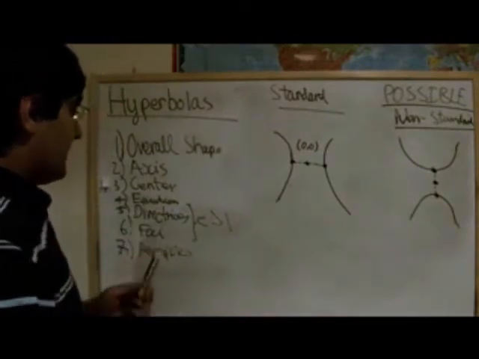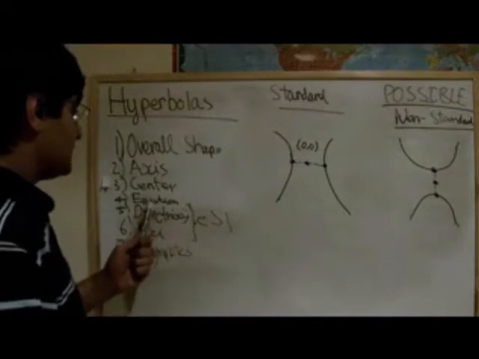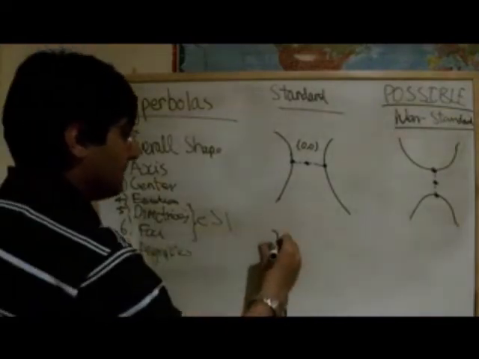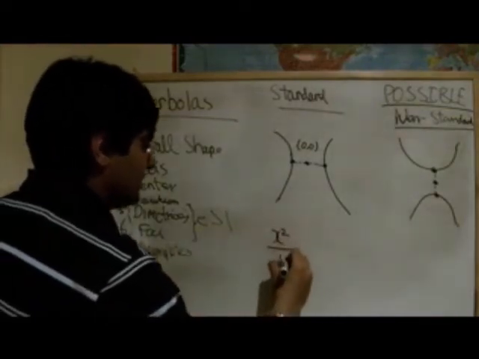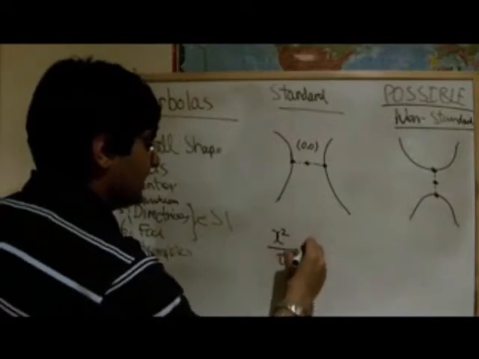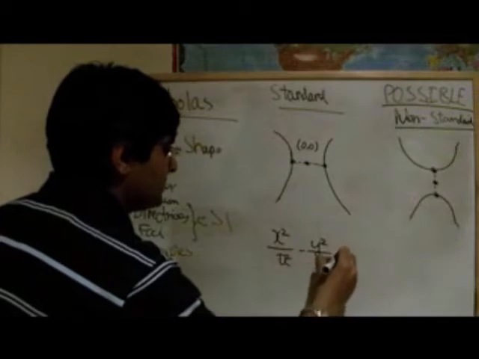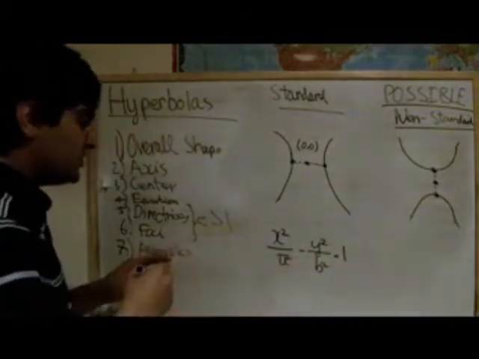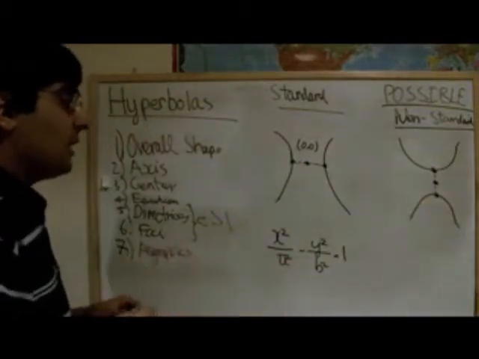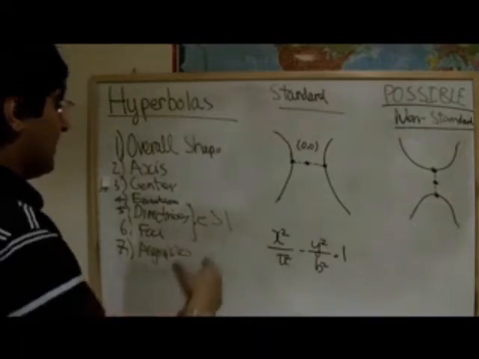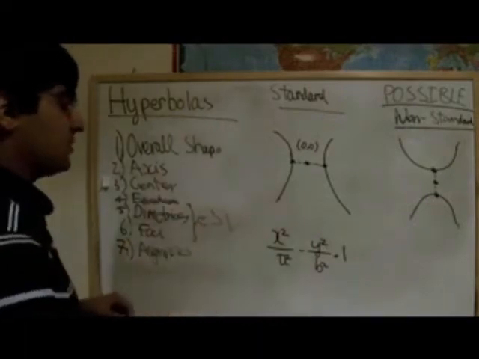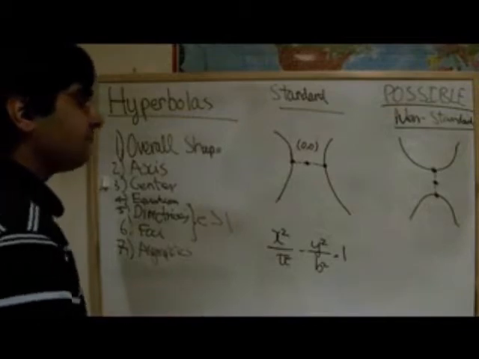Alright? Now I'm going to take a slight tangent again and discuss the equation of the hyperbola. This is the standard equation of the hyperbola. x squared over a squared minus y squared over b squared is equal to 1. What does this equation actually mean? Well, it's a bit difficult to explain without discussing all the other features of the hyperbola, but let's take it one step at a time.